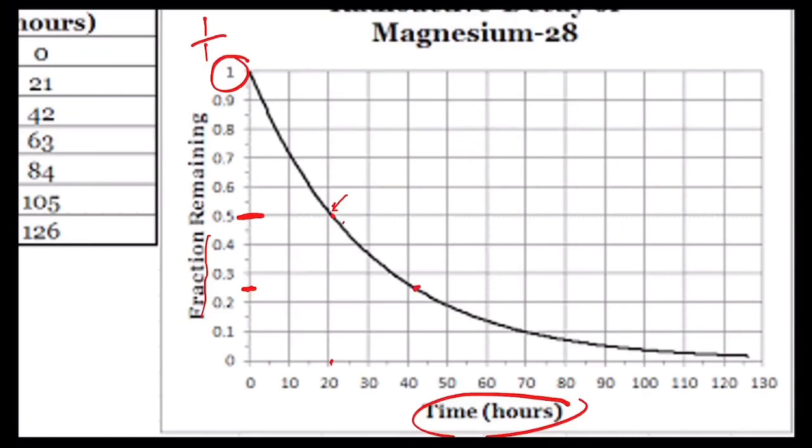So that's another way for us to confirm that 21 hours is in fact the half-life for magnesium-28. So you can see the increments between the first half-life and the second half-life are the same.